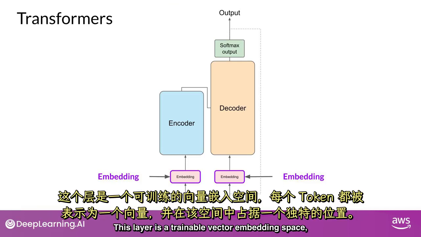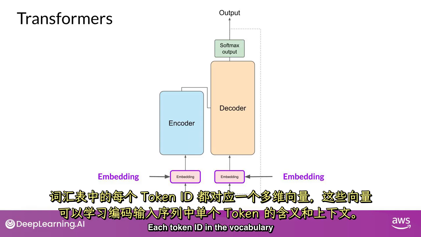Now that your input is represented as numbers, you can pass it to the embedding layer. This layer is a trainable vector embedding space, a high-dimensional space where each token is represented as a vector and occupies a unique location within that space. Each token ID in the vocabulary is mapped to a multi-dimensional vector, and the intuition is that these vectors learn to encode the meaning and context of individual tokens in the input sequence.